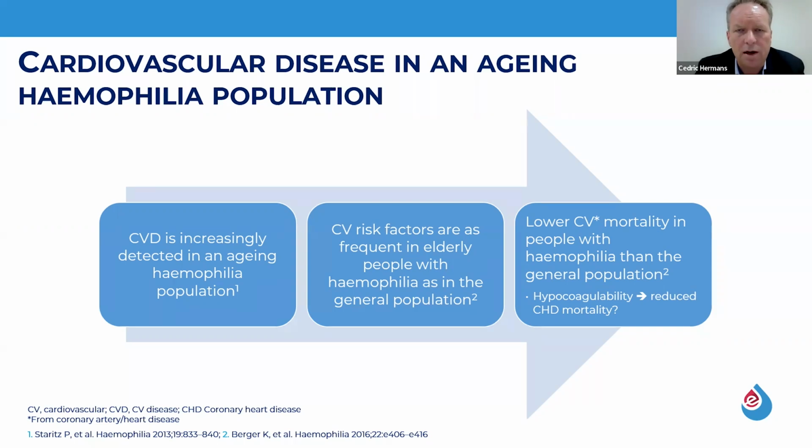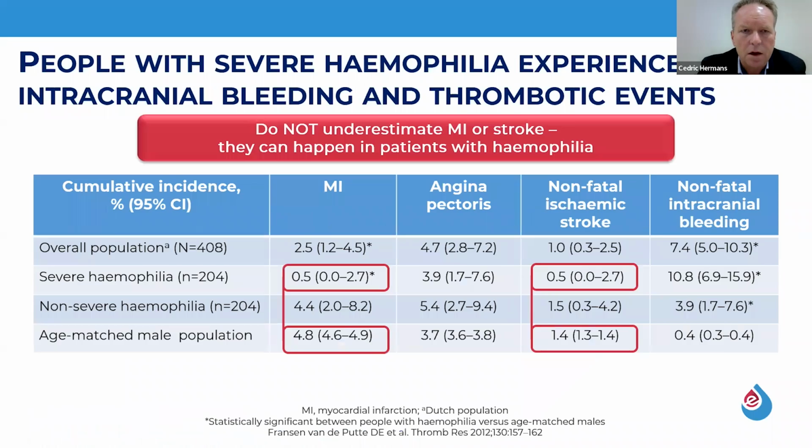This slide shows you the results of a study that was performed in the Netherlands more than 10 years ago, showing the risk of cardiovascular disease in patients with hemophilia.